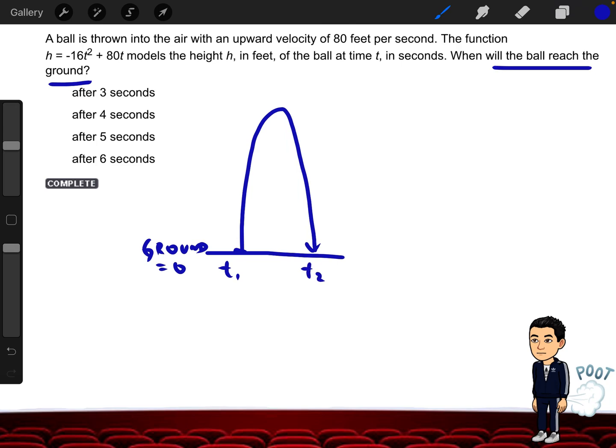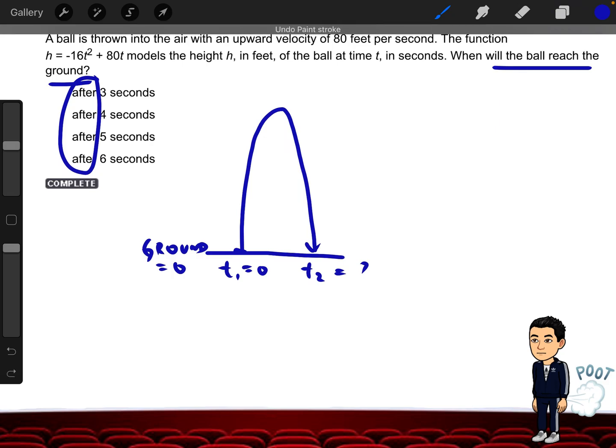We already know that time 1 is going to be 0. If you find that one of the times is 0, that's not the solution we're looking for, because we're looking for how many seconds the ball is in the air after you toss it. So we're actually looking for time 2.